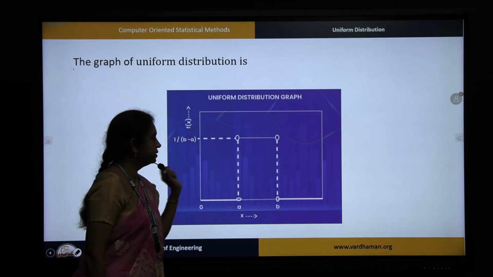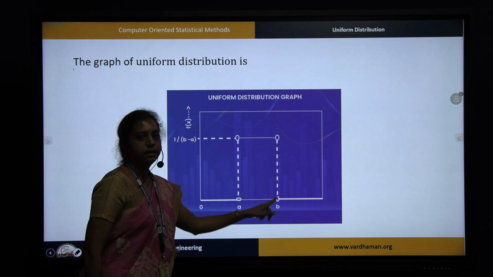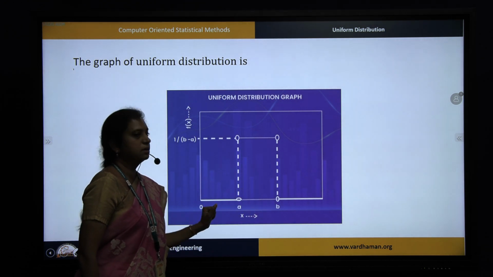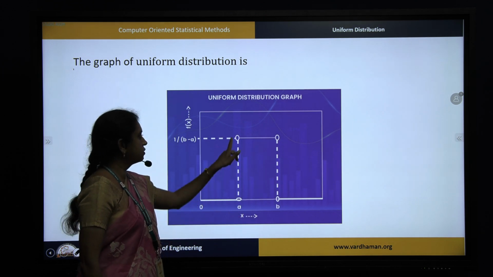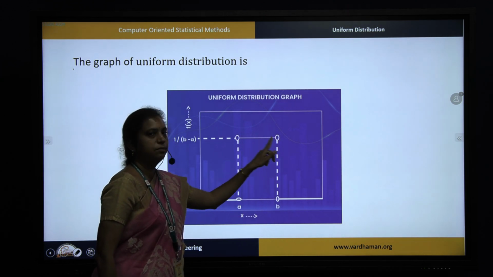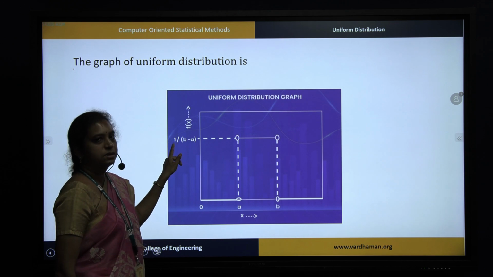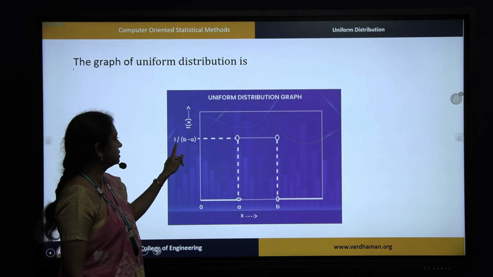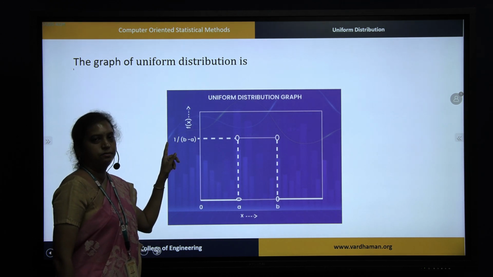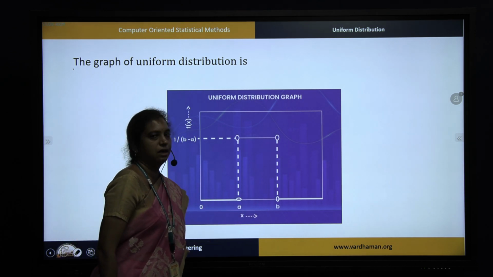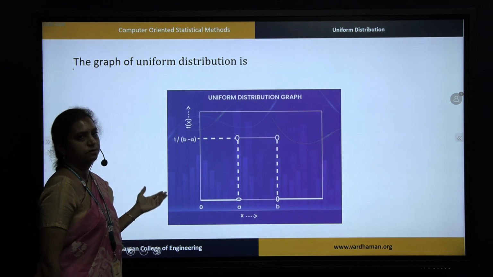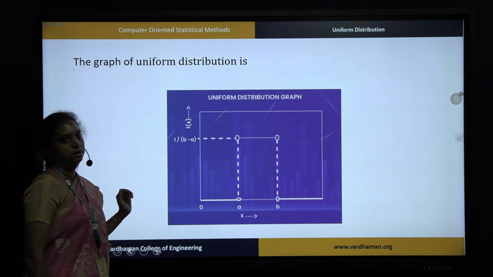In this graph we see that it is in a rectangular shape, which is why we call it a rectangular distribution. It is defined between a and b, and it remains constant in that interval, at 1 by (b minus a). Since it looks like a rectangle, it is also known as a rectangular distribution.